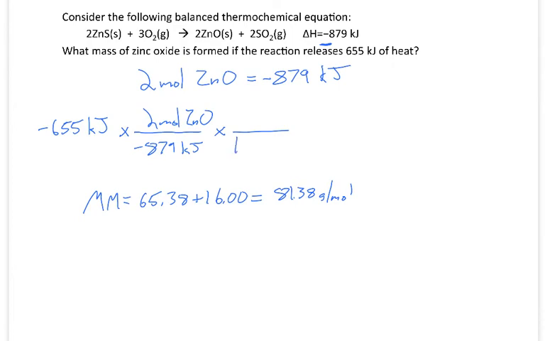So I have 1 mole of zinc oxide, weighs 81.38 grams of zinc oxide. So my kilojoules will cancel, moles of zinc oxide will cancel. I'll be left with grams of zinc oxide. And so when I multiply that out to 3 significant figures, I get 121 grams of zinc oxide.